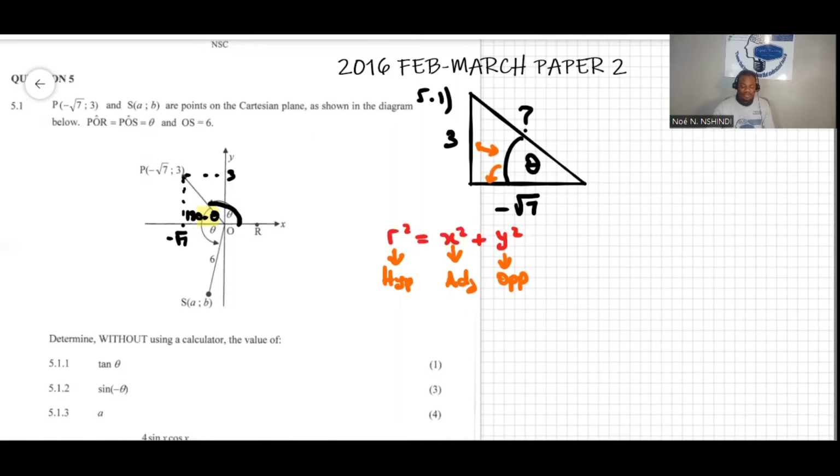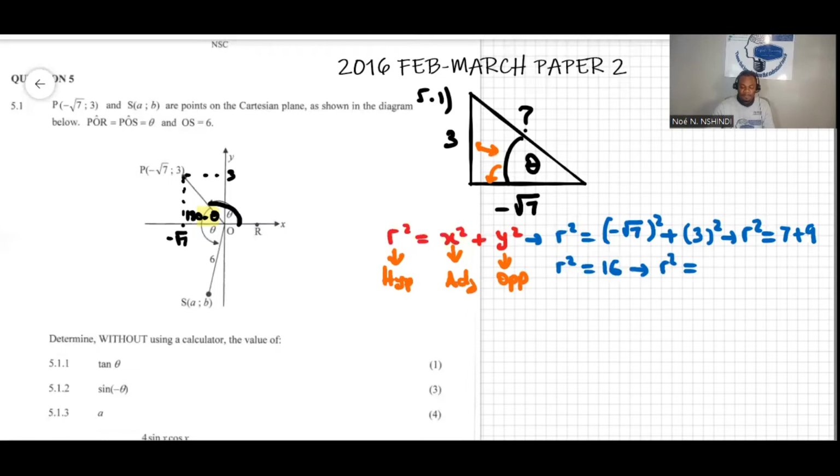Now let's substitute and calculate the value of r. So r squared will be negative root 7 to the power of 2 plus 3 to the power of 2. This makes r squared equal to 7 plus 9, which makes r squared equal to 16. If I need to work out the value of r, I can square root both sides.